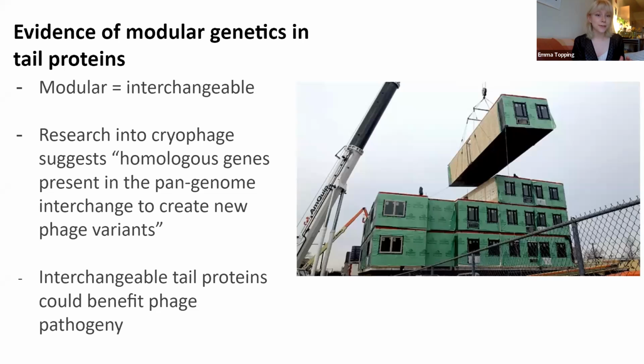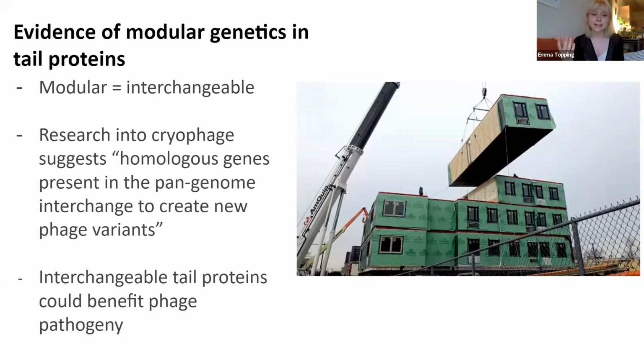And the reason that we're sort of interested in these inversion mutations is that they can teach us other things about genetics. We looked at some really interesting studies looking at cryophages and proposing that there could be some sort of modular genetics happening. Modular means that there are a lot of different tiny parts that you can combine into a whole in different ways, which makes a lot of sense with phage mosaicism as well.